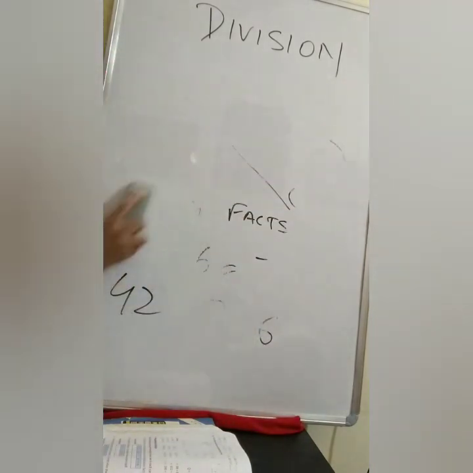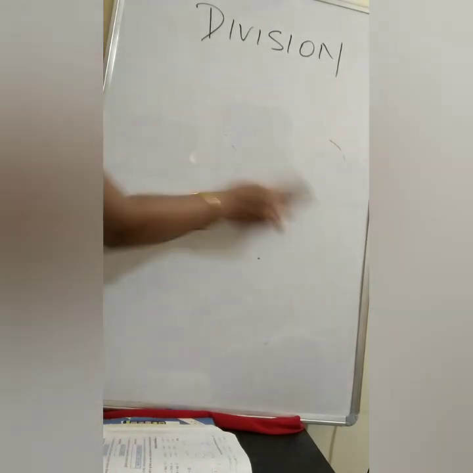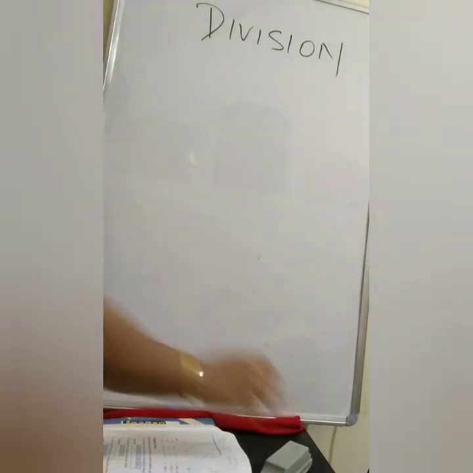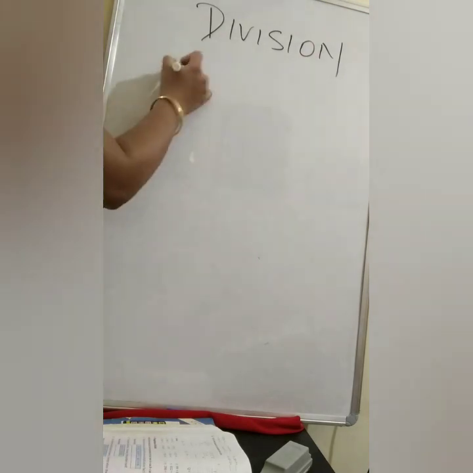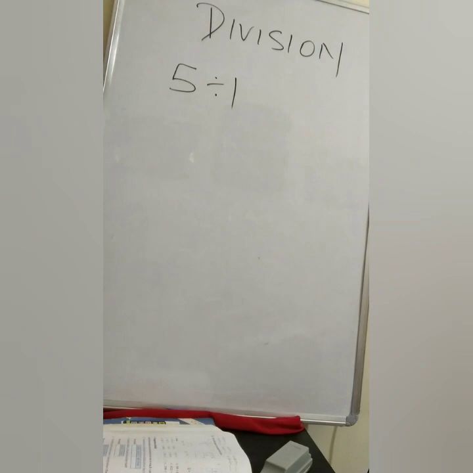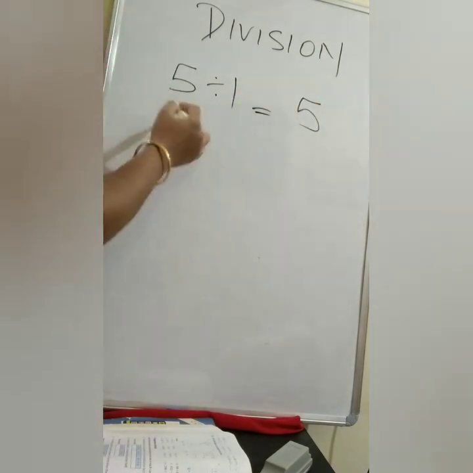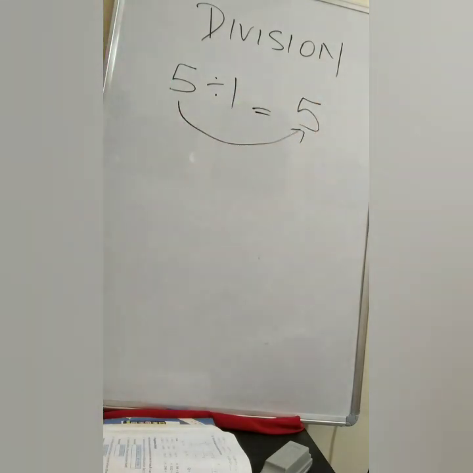The second property says if you divide a number by 1, the answer will be the number itself.